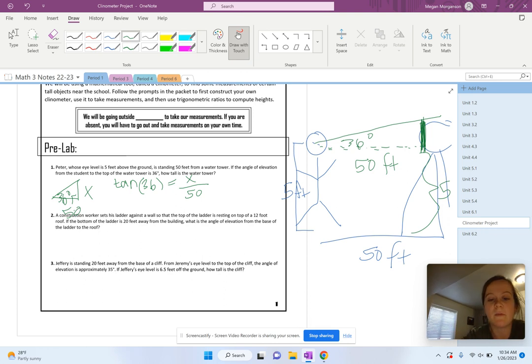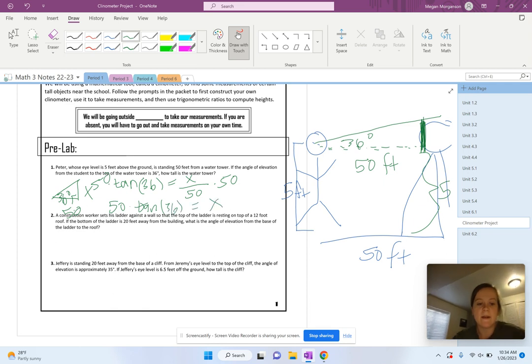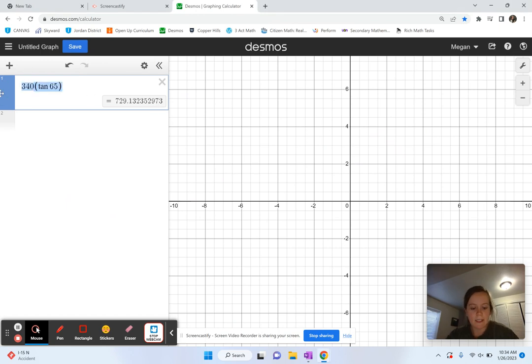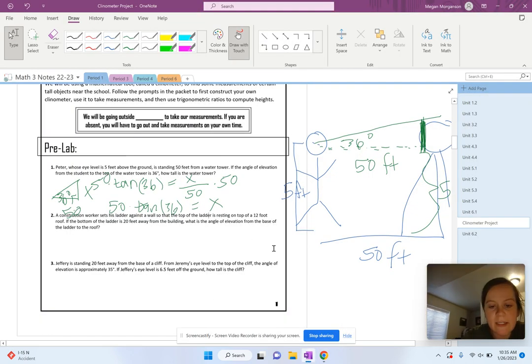It's being divided by 50, so we multiply by 50 to get rid of it, and that leaves x by itself. So we've got 50 times the tangent of 36 equals x. 50 times the tangent of 36 is 36.3. So that means x is 36.3.